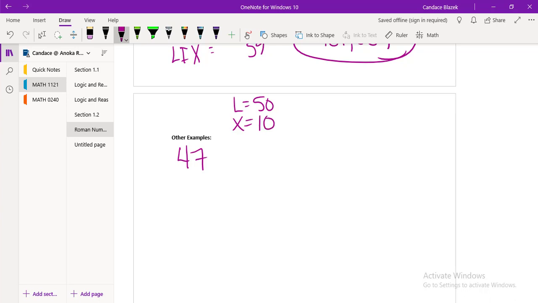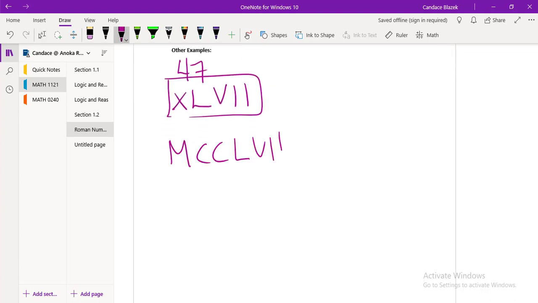So I will write this as 10 before 50, and then for the 7, V, I, I, and that would be 47. Now 1,257.